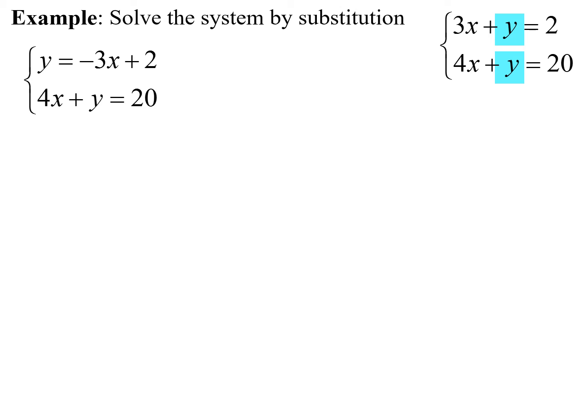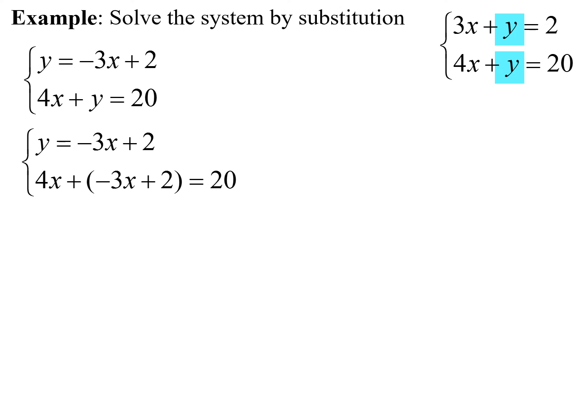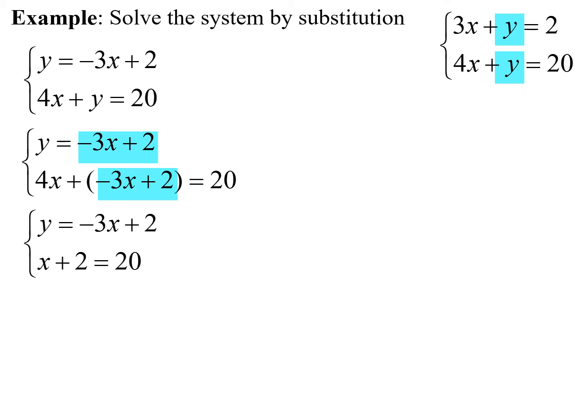So now I'm going to take that value for y from the first equation and substitute it in for the value of y in the second equation. So I'm going to take that negative 3x plus 2 and put it in the place of y for the second equation. Let's go ahead and simplify that second equation. 4x minus 3x gives me 1x plus 2 equals 20.